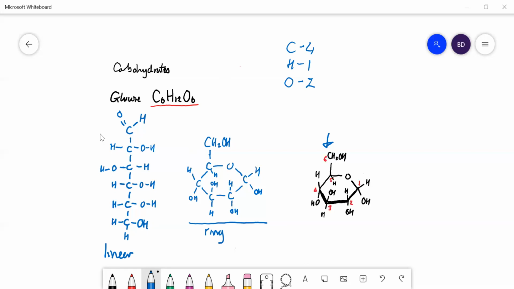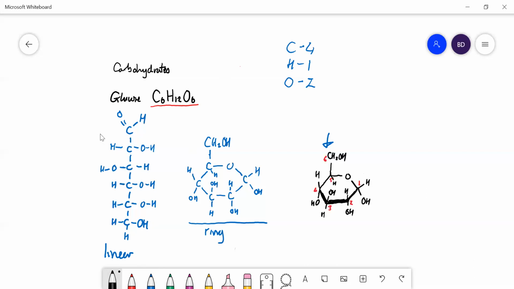Now, this black version here is trying to show you the shape of the molecule. So you can see these depth lines here. This is to show you that you've got 6 things in a ring, which is fairly flat. It's not completely flat.